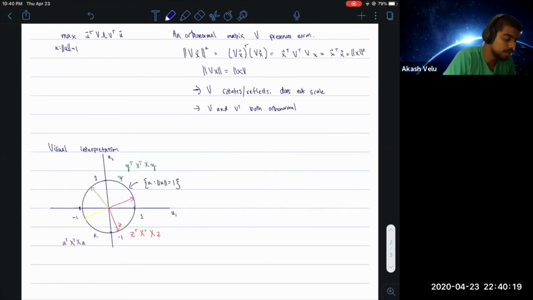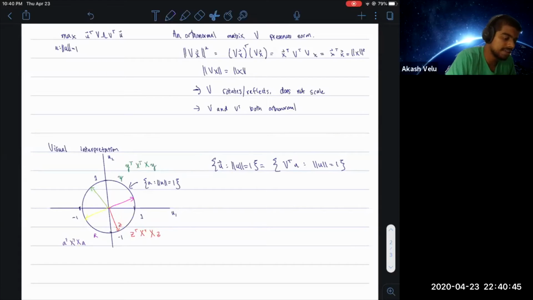So the mathematical way of expressing what I just said in intuition is that the original set we were considering, all the vectors u such that norm u equals 1, is the same as all the vectors v transpose u such that norm u is equal to 1, right? So even if we apply v transpose, we just rotate all of these unit vectors, but we keep the overall set the same.